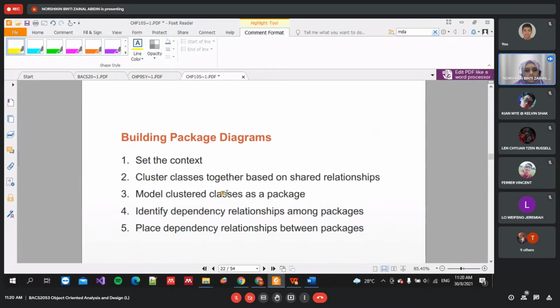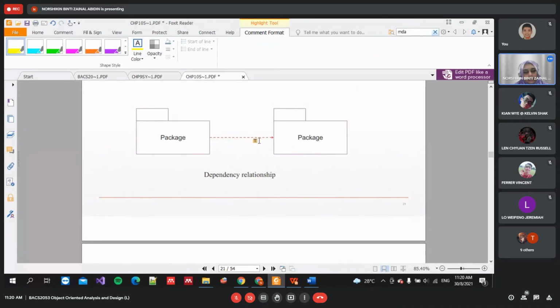And then model the clustered classes as a package, a group that usually has something in common. And then identify the dependency relationship among packages. We need to know which package is related, which package is associated. And then place the dependency relationship. Dependency relationship between packages is represented by this notation, an arrow.